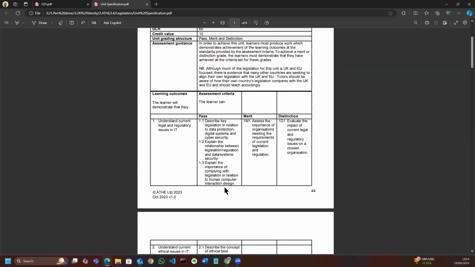We will then explain the relationship between legislation, regulation, data systems, and data system security. And then we will explain the importance of complying with legislation and regulation in human-computer interaction design.